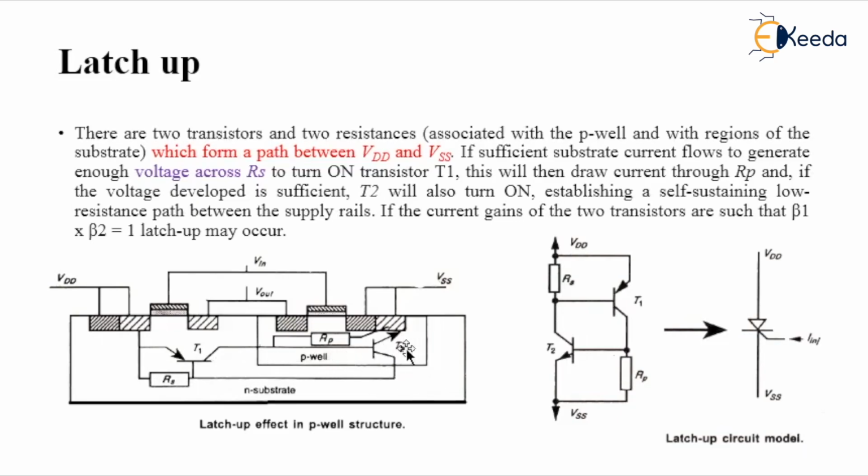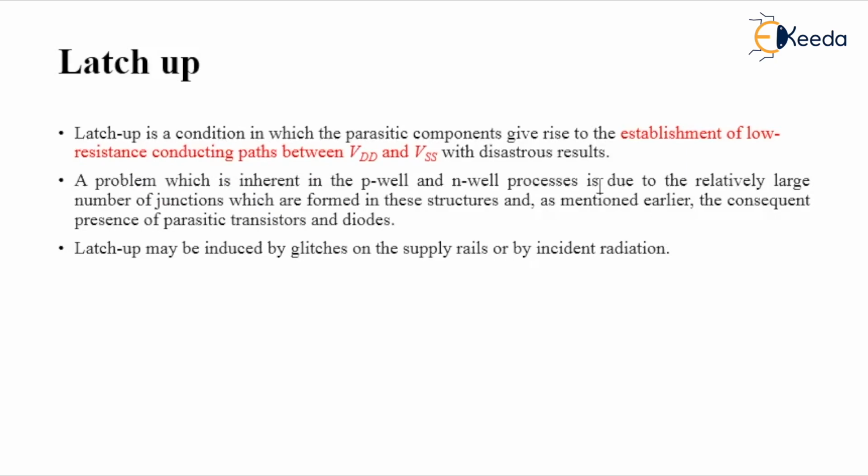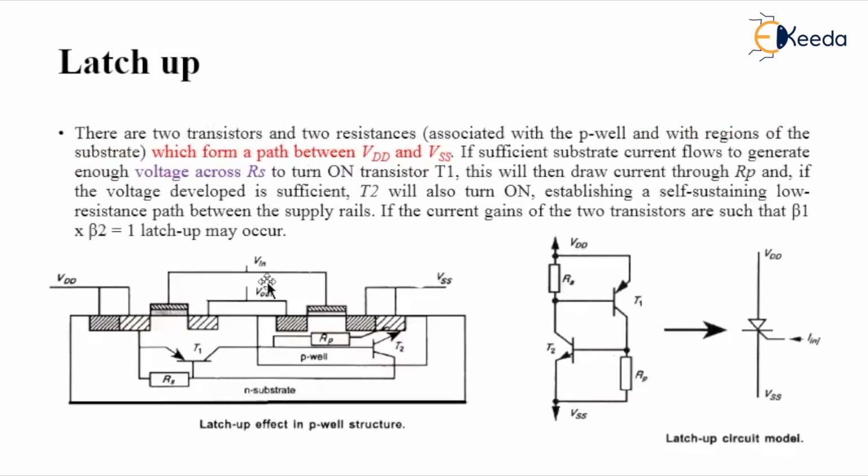Therefore, T2 will also be turned on. So the total circuit, RS, T1, RP, T2, will be turned on. Therefore, this total circuit will offer a low resistance path between VDD and VSS, and it may cause disastrous results. This process is considered as latch up, and therefore the total current gain beta1 into beta2 should be equal to 1.